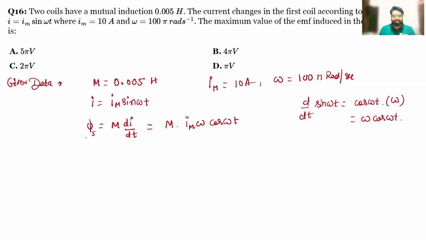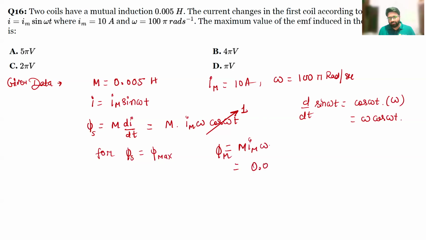Now we need the maximum value of this. For the EMF to be maximum, this cos omega t should be maximum, because cos omega t is the only time dependent variable. When this is maximum, the EMF will be maximum, and this maximum value is 1. So we have E maximum is M Im omega. Now you can put in the values.